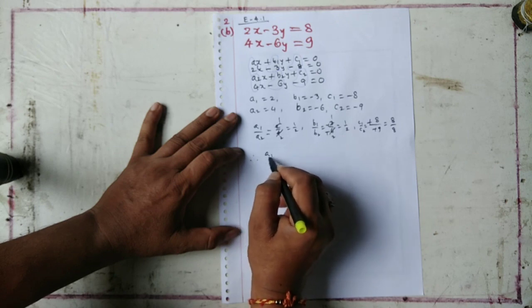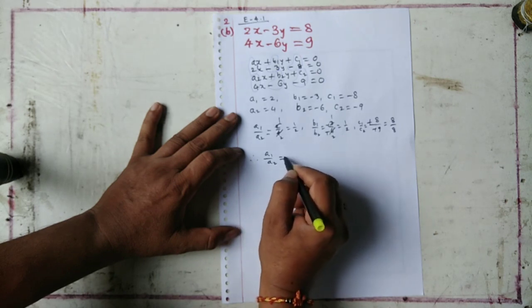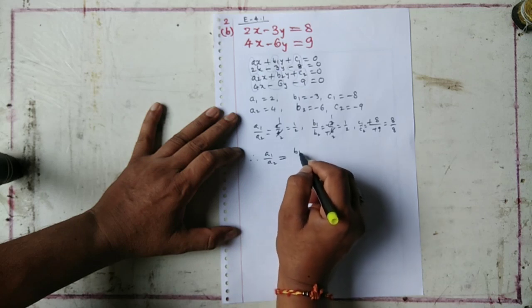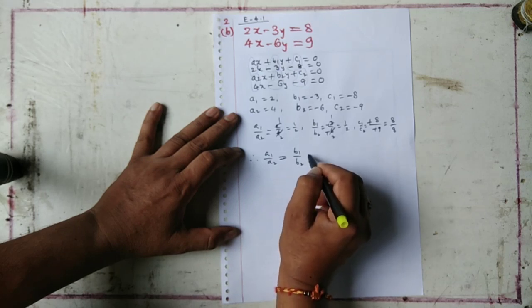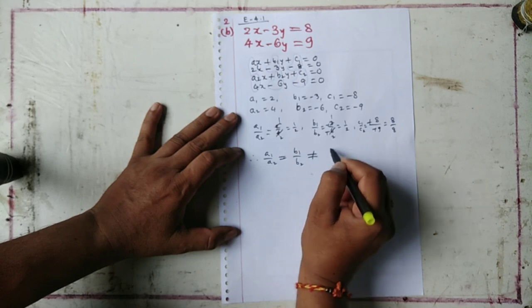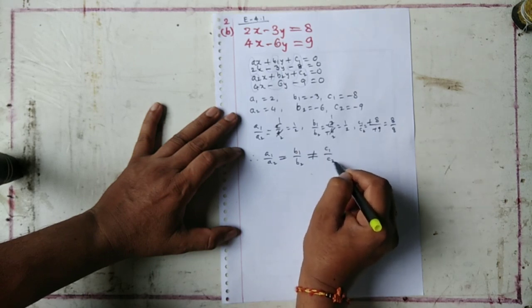Therefore, a1 by a2 is equal to b1 by b2 is not equal to c1 by c2.